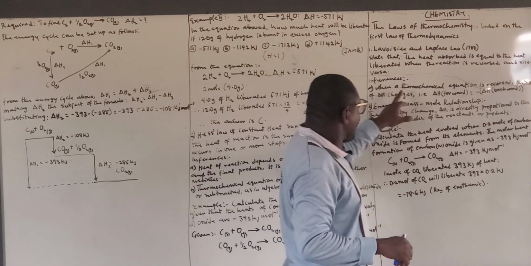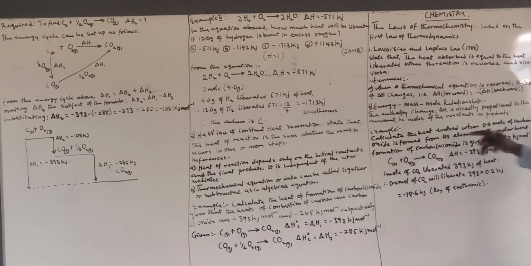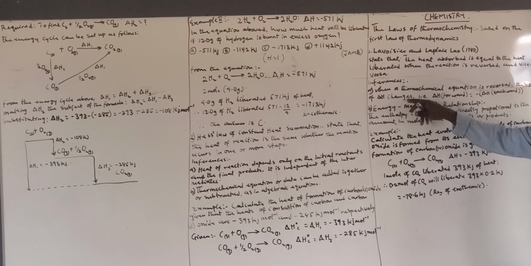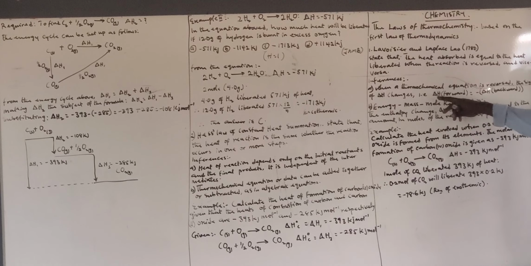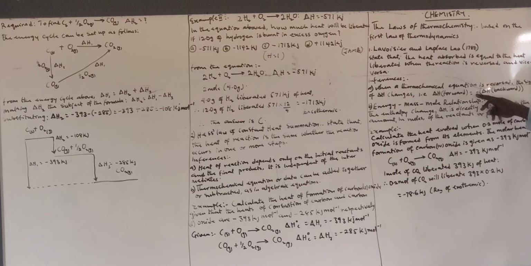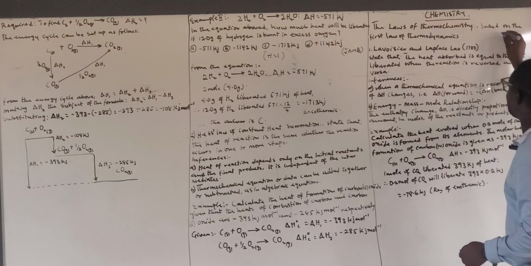So now, when a thermochemical equation is reversed, the sign of the change in enthalpy, the change in heat, is ΔH for forward, and minus ΔH for backward. That is when you are going to see this sign.